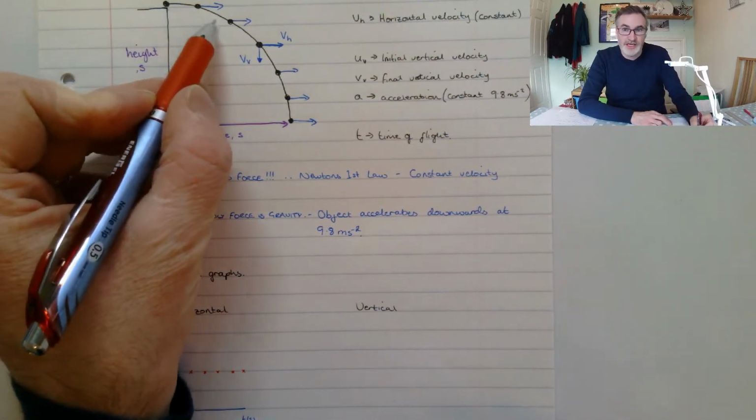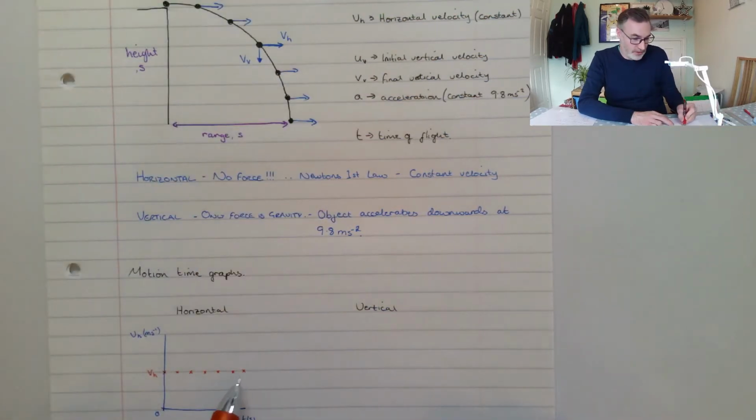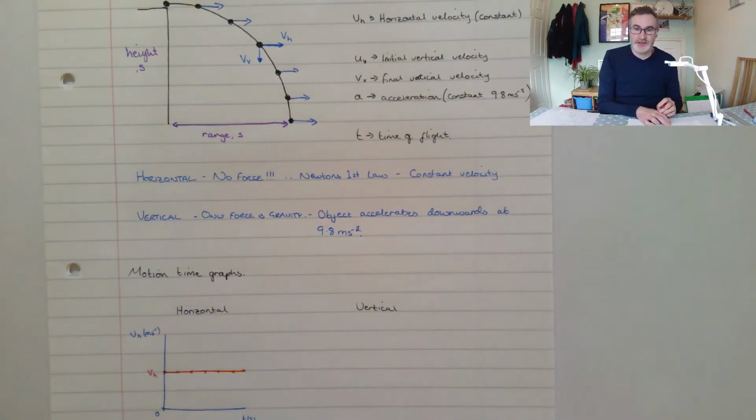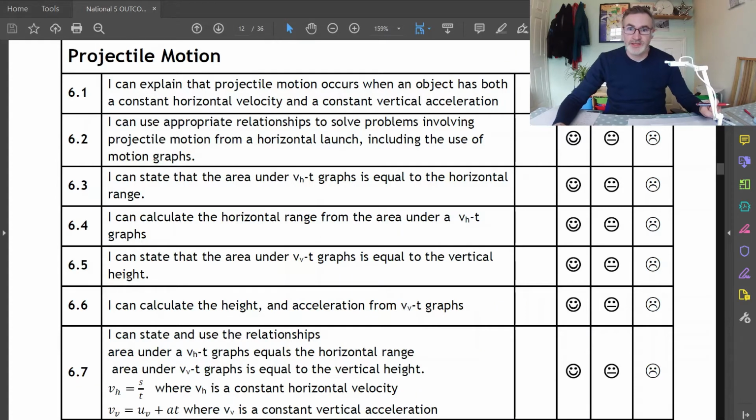So after the first second, second, third, fourth, fifth, sixth second, it's always going to be the same, and we're going to get a graph that is just going to have this. And so if we remember back to our learning intention, they can state that the area under a VHT graph is equal to the horizontal range.